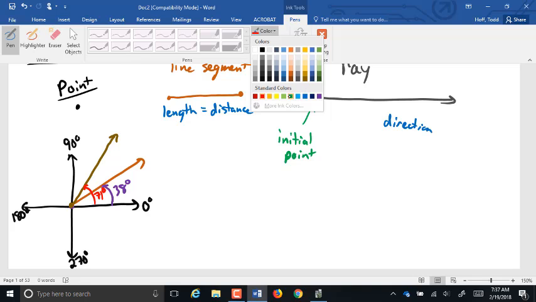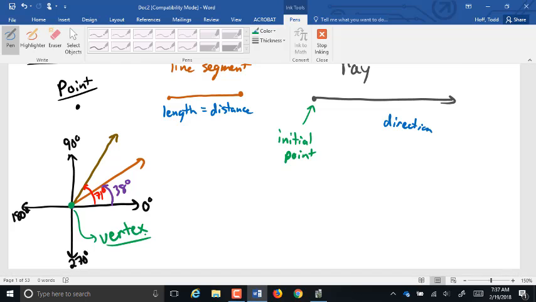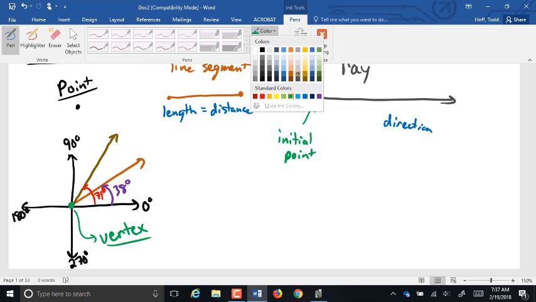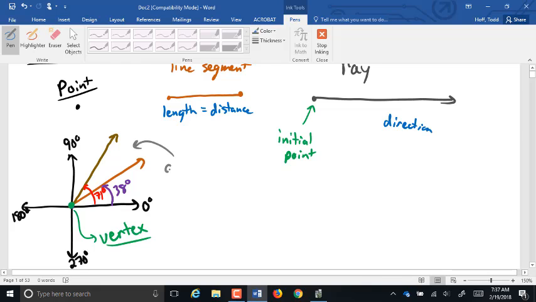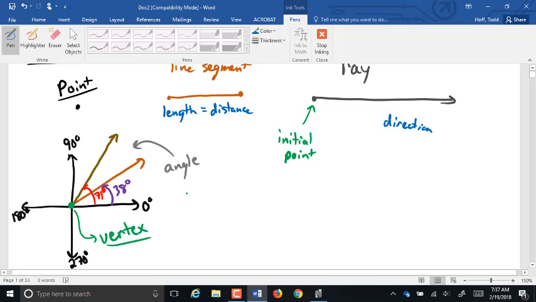When 2 rays have the same starting point, first of all, that starting point is called a vertex. So a point that serves as the starting point for more than one ray is called a vertex. And the 2 rays together form what's called an angle. The size of the angle is equal to the difference in direction of the 2 rays.